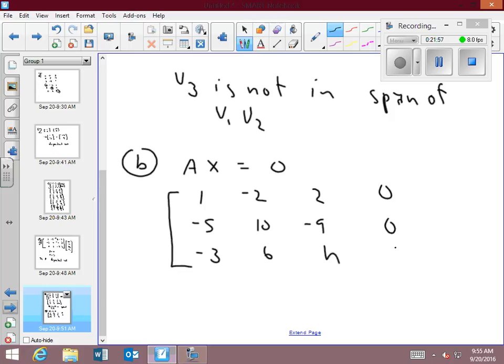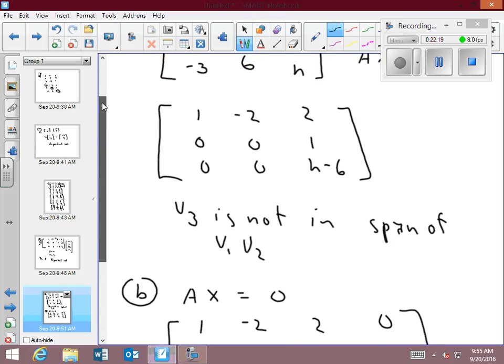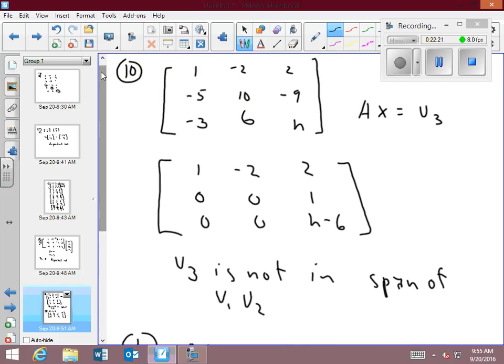And if you try and solve this, you're going to have the same problem as you had before. You're going to get this, but it's just going to be a set of zeros.